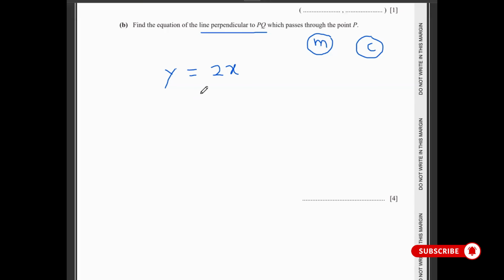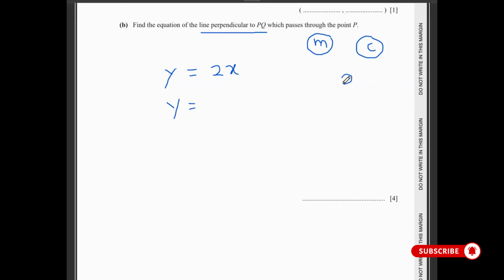If I ask you to write the gradient of the line perpendicular to this line, the gradient of that perpendicular line will be the reciprocal of this. So what's the reciprocal of 2? The reciprocal means turning upside down.